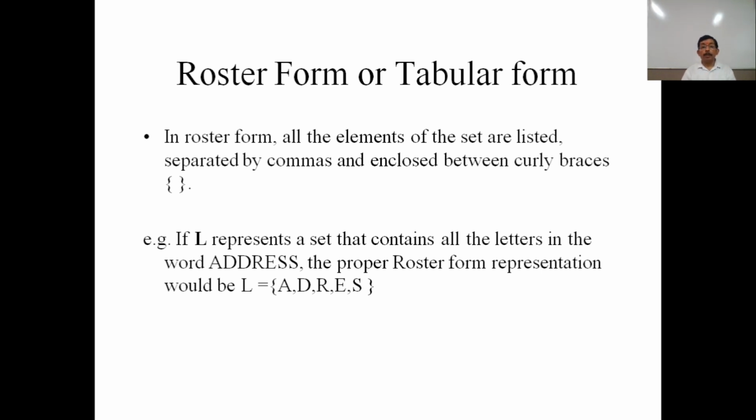If similar elements appear twice, only one is kept. Each different element, separated by commas and written in curly brackets, is known as a set in roster form.